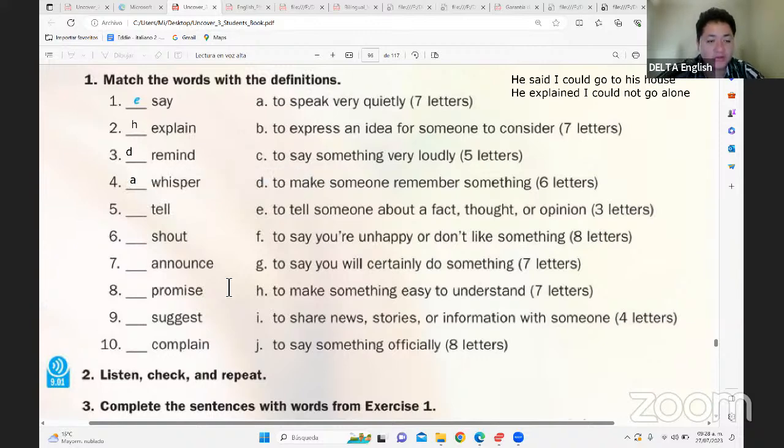Now, how about tell? What do you think that is? Okay. To share news or information with someone.